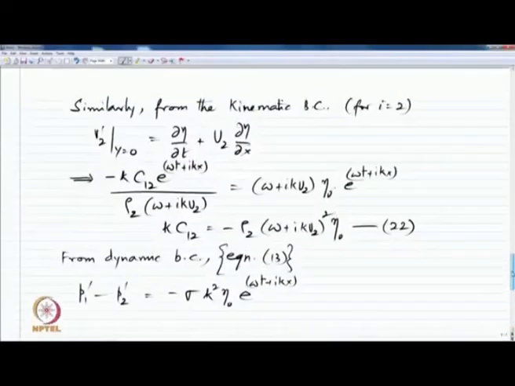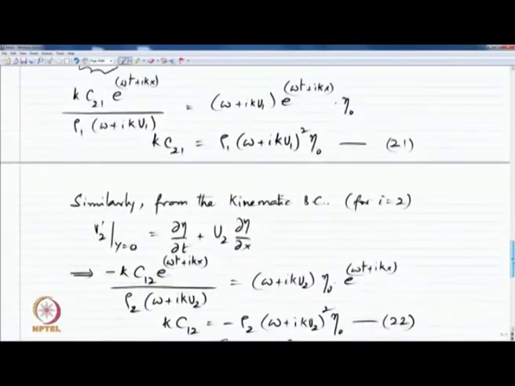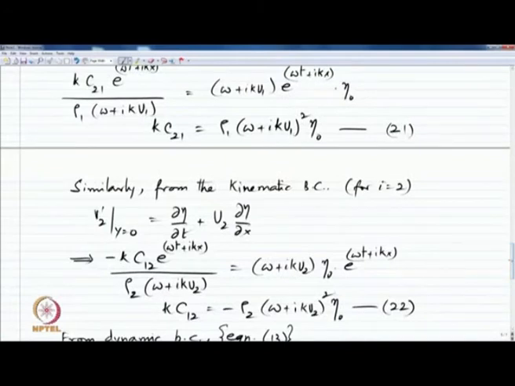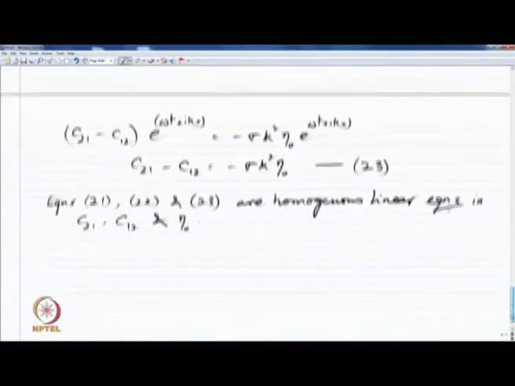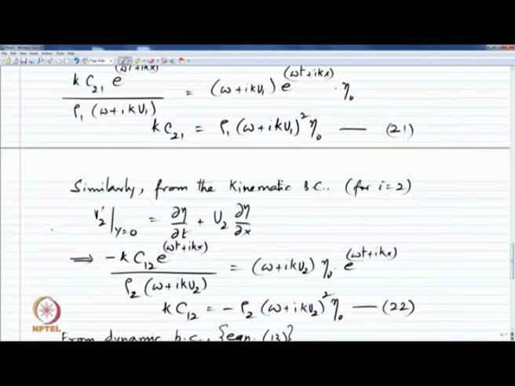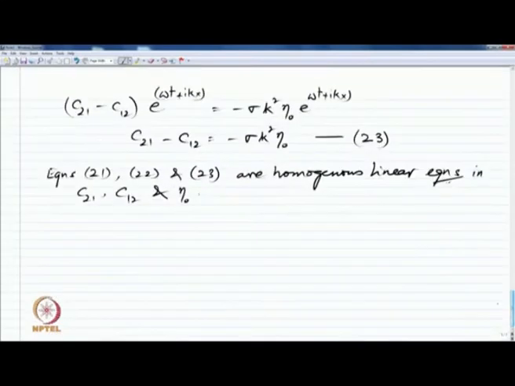I will restrict myself to a simpler case because I have essentially from 21 and 22 a closed form solution for C21 and C12 respectively. So, I will just substitute for C21 and C12.